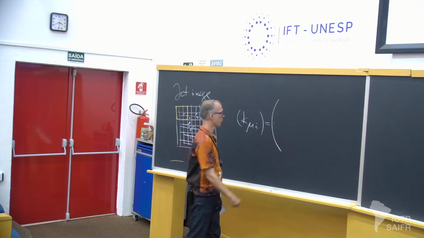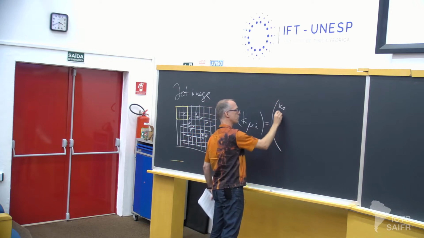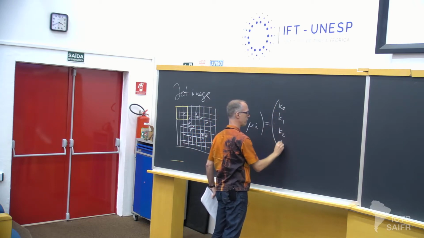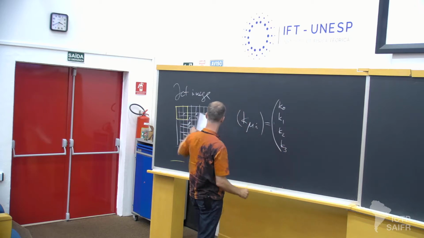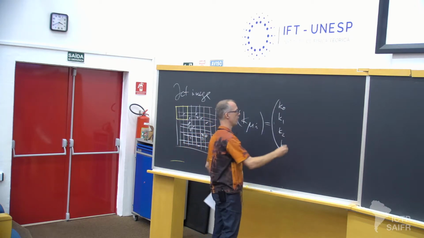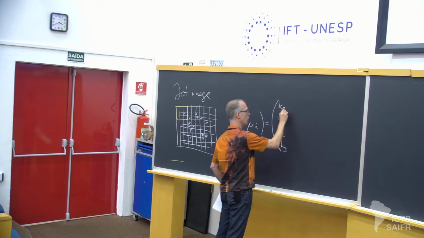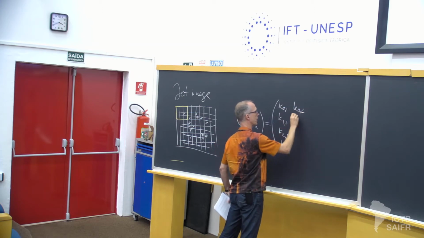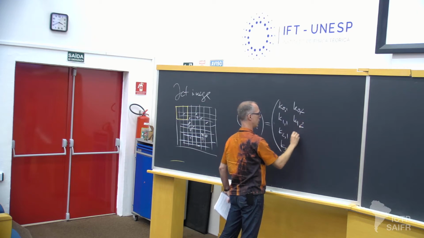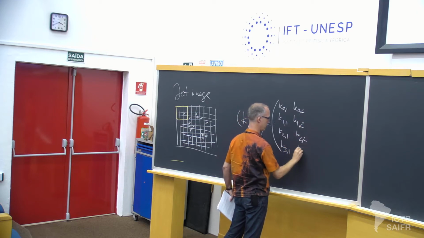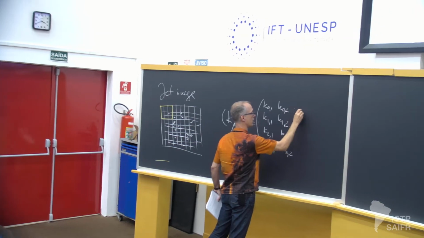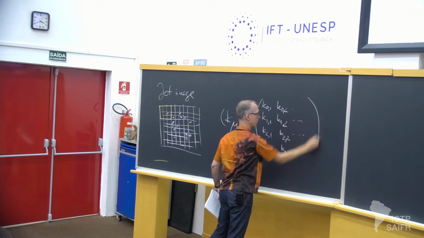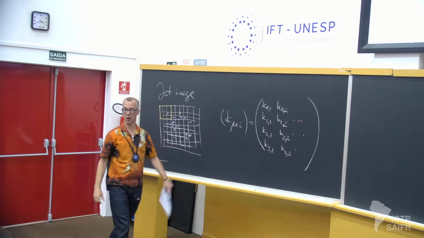So you have an energy entry, and you have k1, k2, k3 for the three momenta of all the objects you're looking at, for the first particle, for the second particle, for the third particle, etc. So that's really our data.